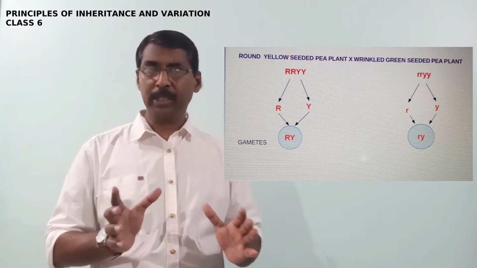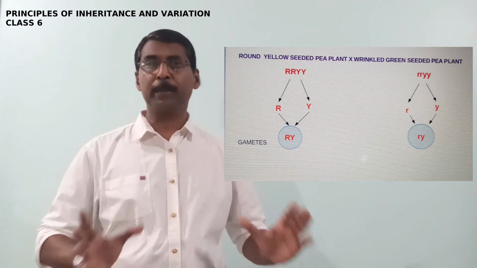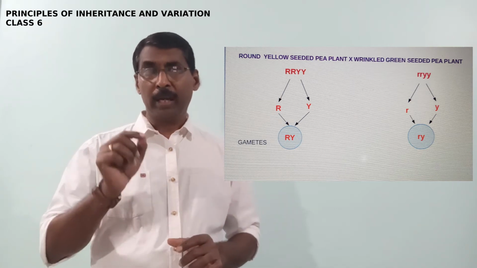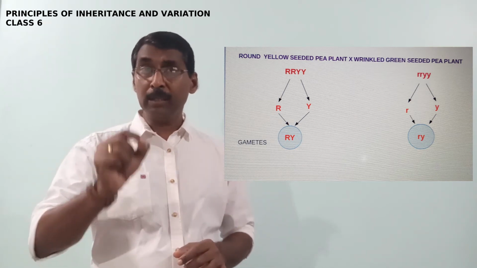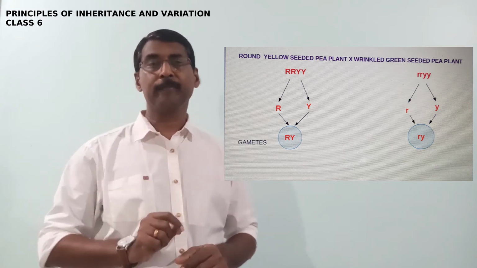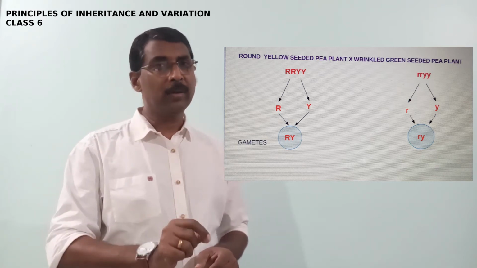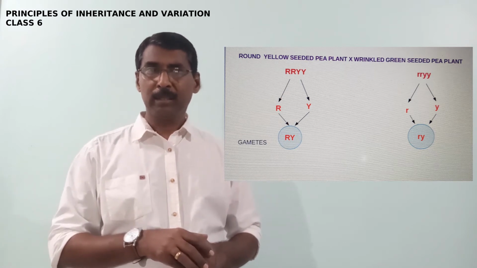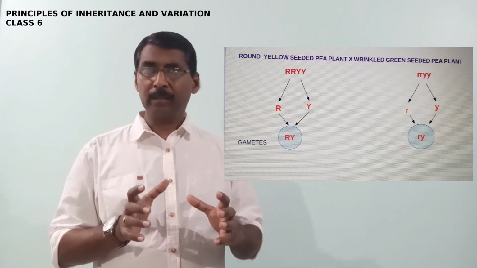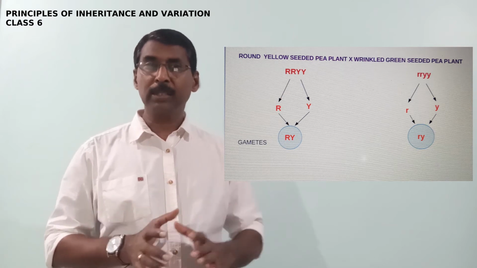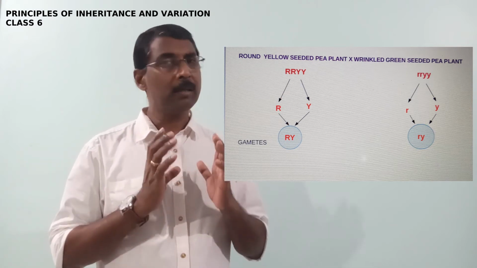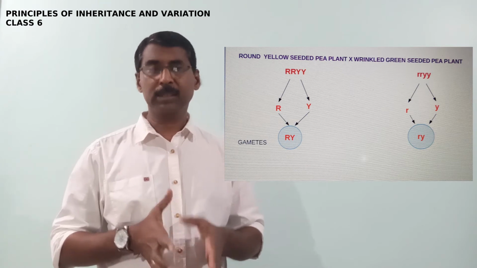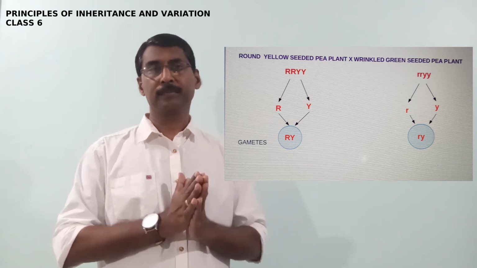According to the law of segregation, the alleles are separated and the gamete should contain one allele for round shape and one allele for yellow color. So we get alleles with capital R and capital Y. This is the gamete.